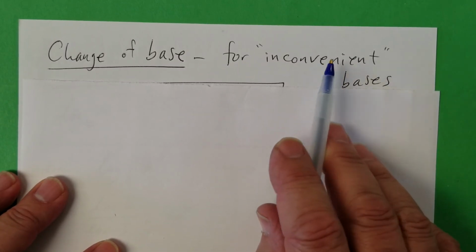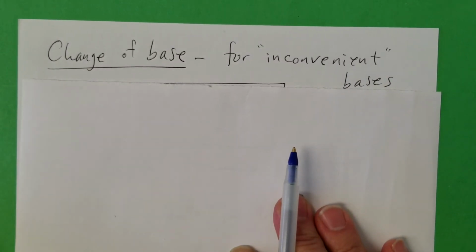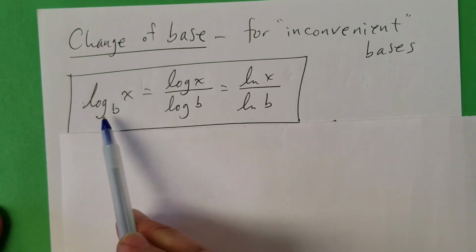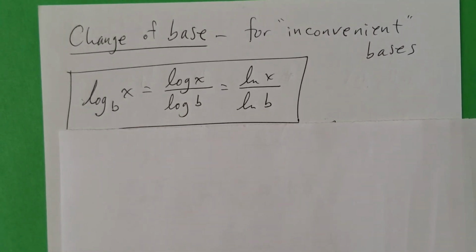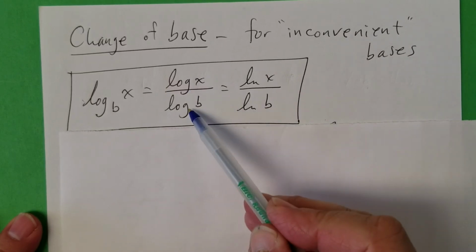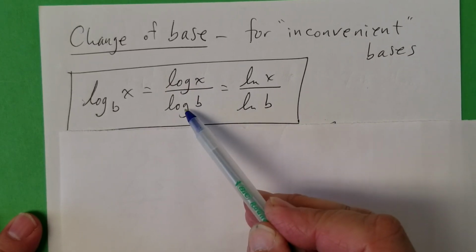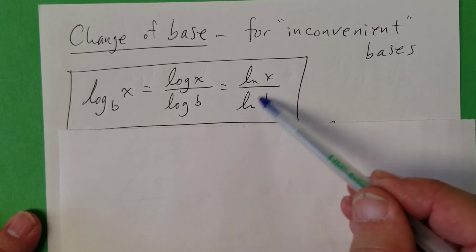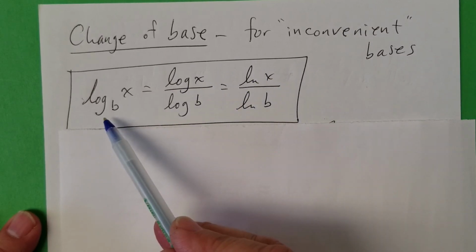They're inconvenient. I call them inconvenient because you can't use the calculator. Well, there's a rule that helps you with any base you have, helps you to change it to just base 10 or common log or natural log, right? And these we can do in the calculator. This we can't. So here's the rule.